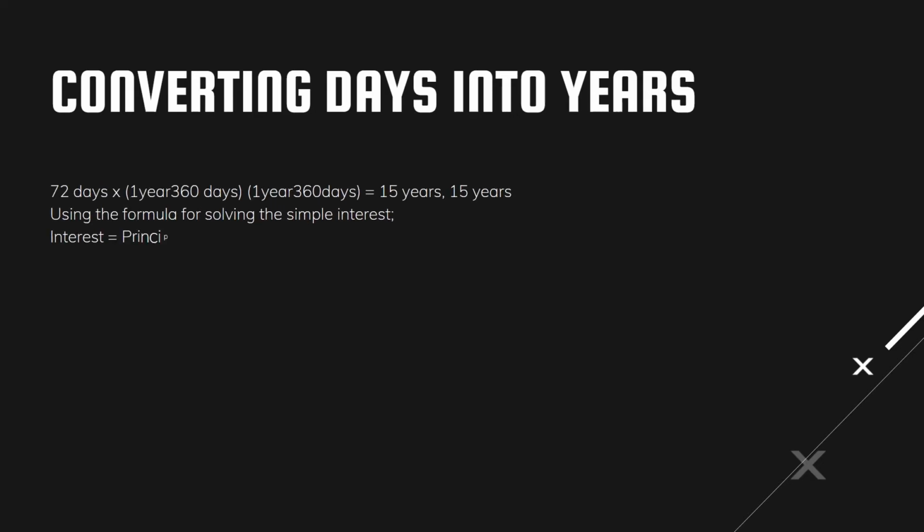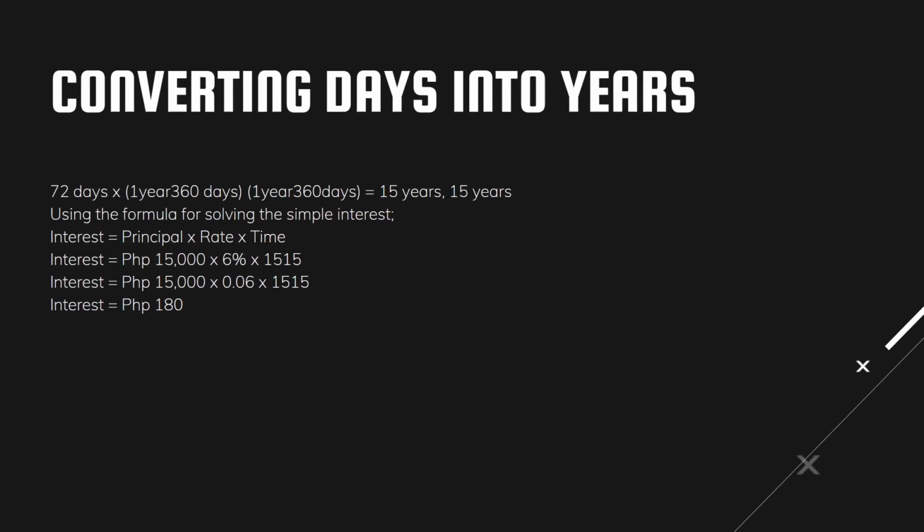Converting days into years. 72 days times 1 year over 360 days equals 1/5 year.